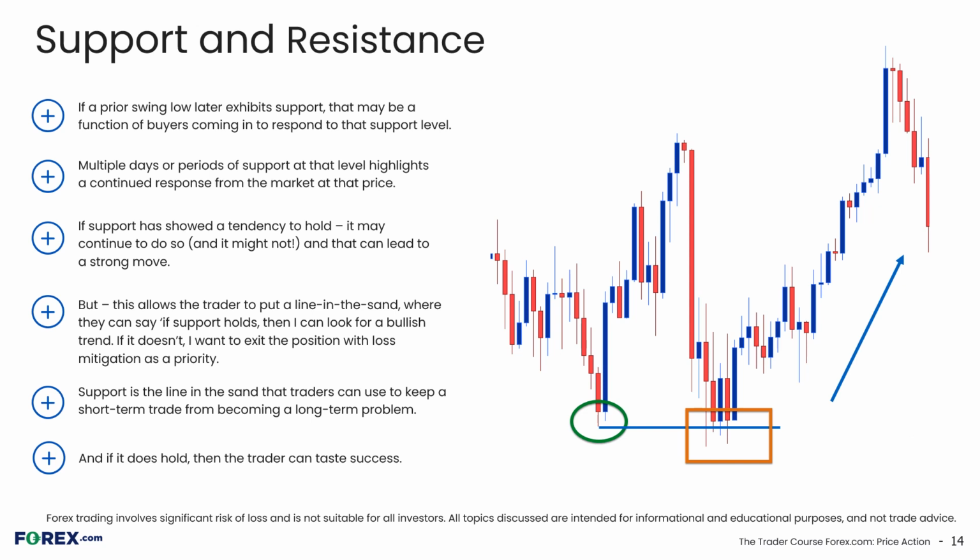But if support does hold, then the trader could potentially look for a reward that's larger than their risk outlay. This can lead to the situation where the trader can look for risk-reward ratios of 1 to 2, or perhaps even higher, under the premise of support or resistance holding.